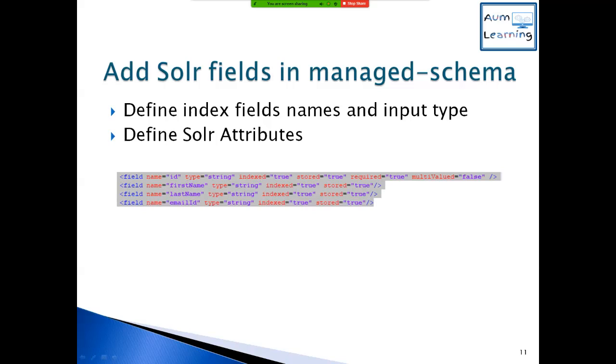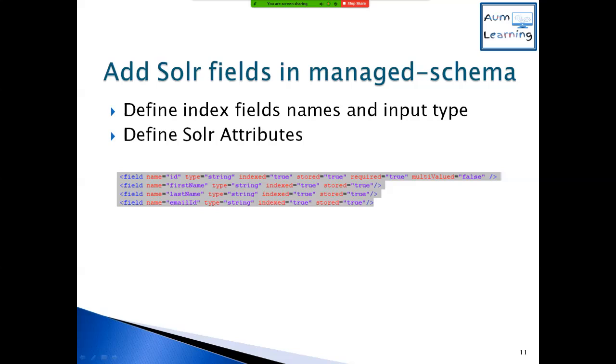So this is the structure of how we can add Solr fields in manage schema. First, we have field name, ID, and then type is the data type, string. Then we have the Solr attribute indexed, which is true. We want to index that data. And we have another attribute, stored. We want to store this also. And required is true. This is mandatory. It's a primary key.